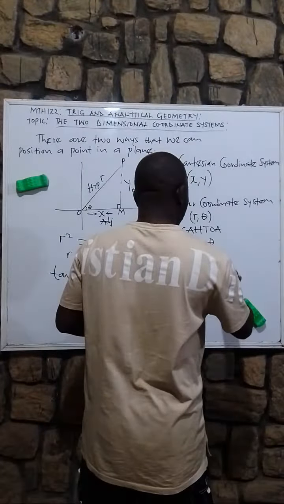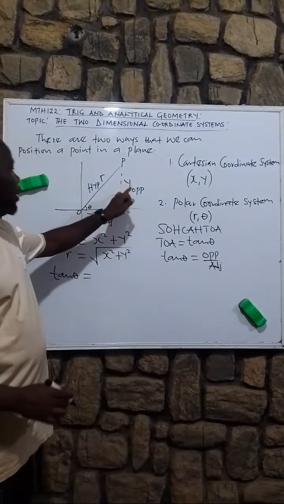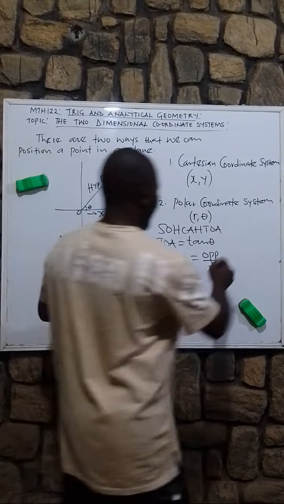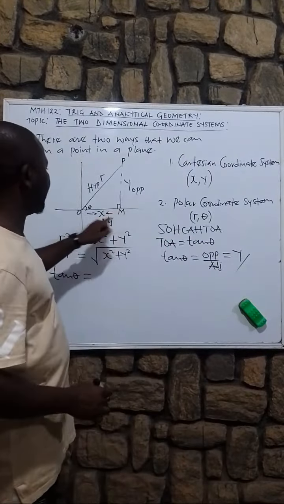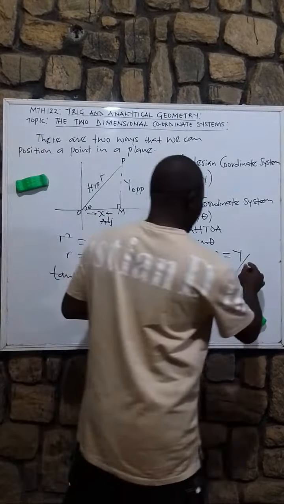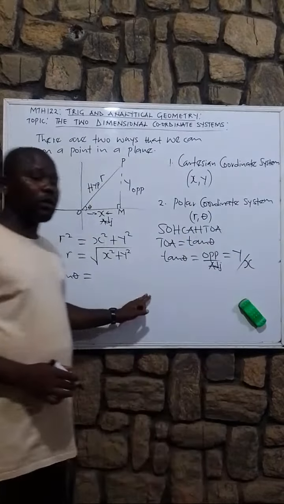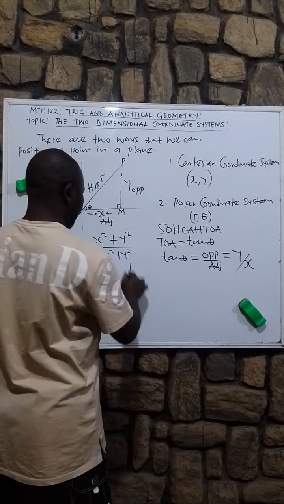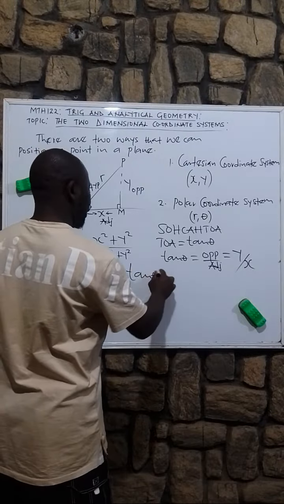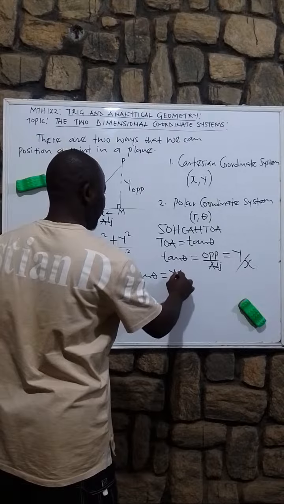Adjacent. So coming here, what is opposite is Y, and what is adjacent is X, right? So far so good. So this implies that tan theta is equal to Y all over X.